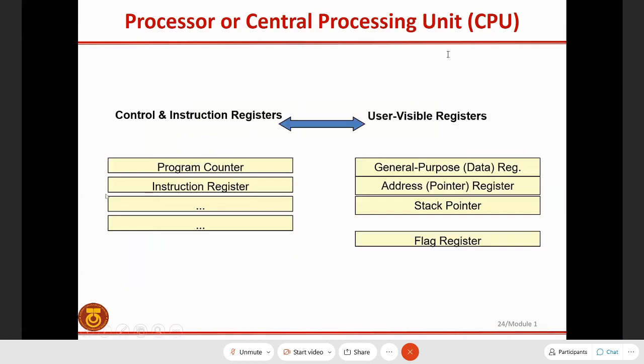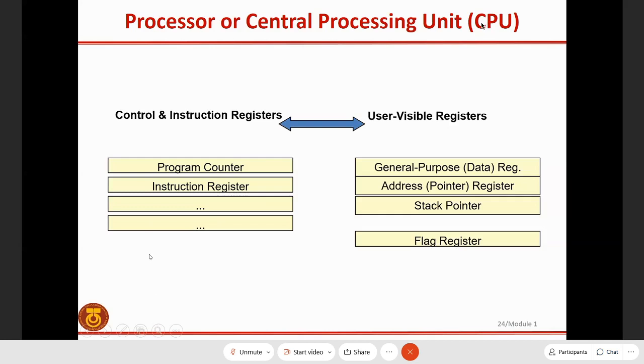Control, instruction registers. I think you should understand this now.